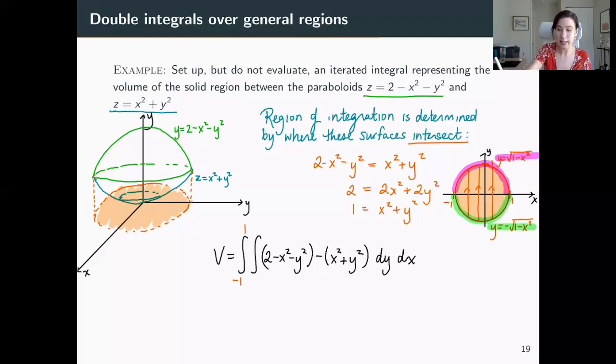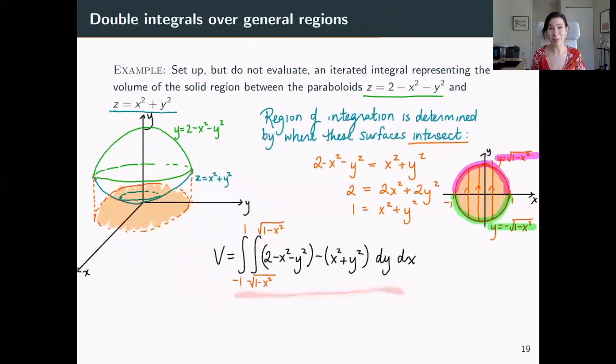So there we see that, again, the y value goes from that negative square root up until that positive square root. And so we can replace these limits of integration into our iterated integral to have an expression for this volume. You can probably imagine that if we evaluated this integral, it's going to be pretty nasty.